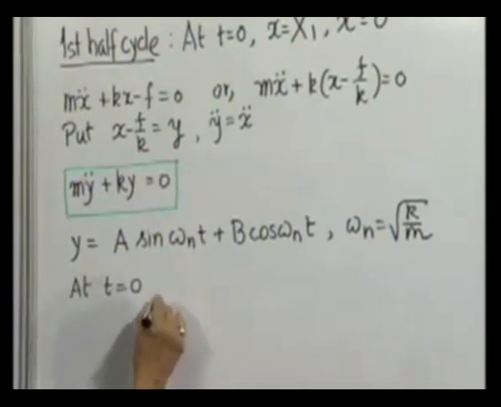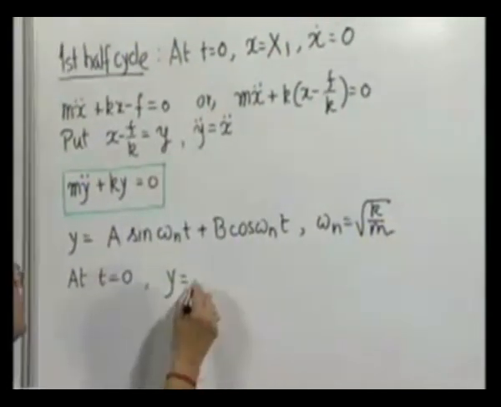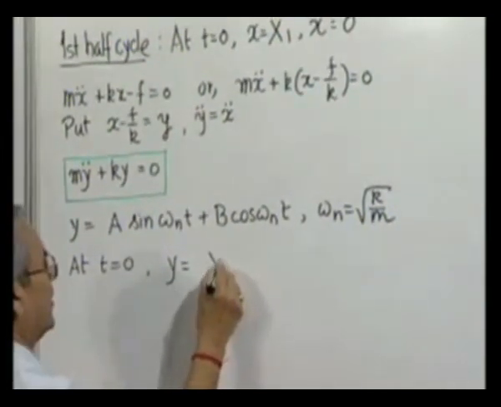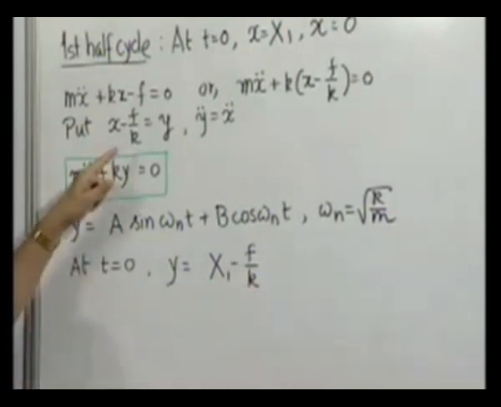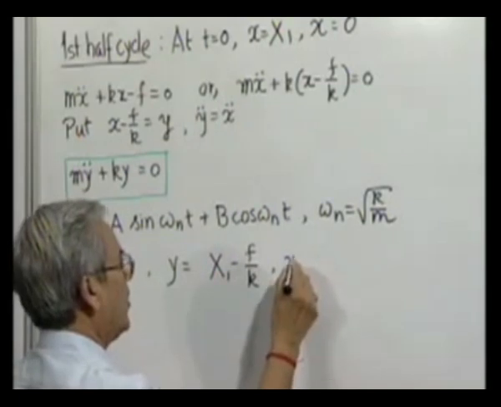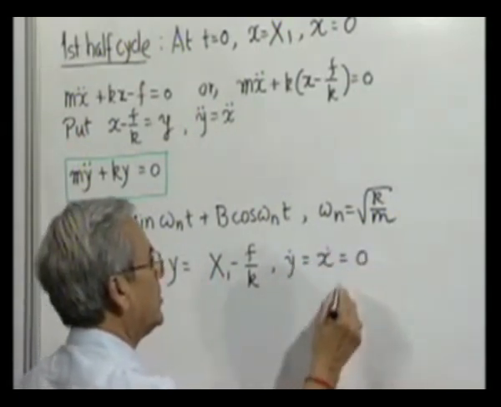What will be y? y will be capital X1 minus f by k. This is the relationship. And what will be y dot? It is x dot, equal to 0.